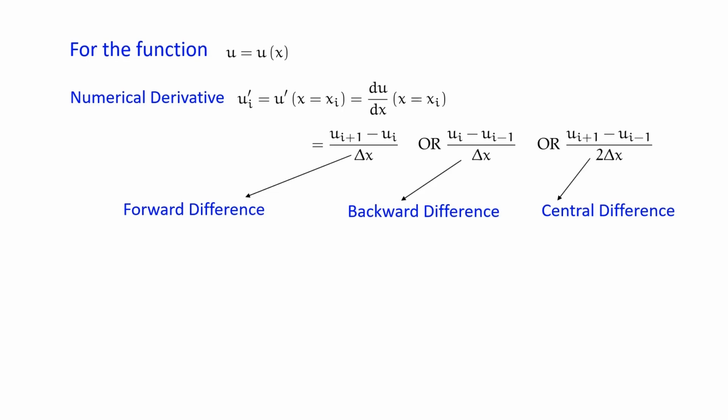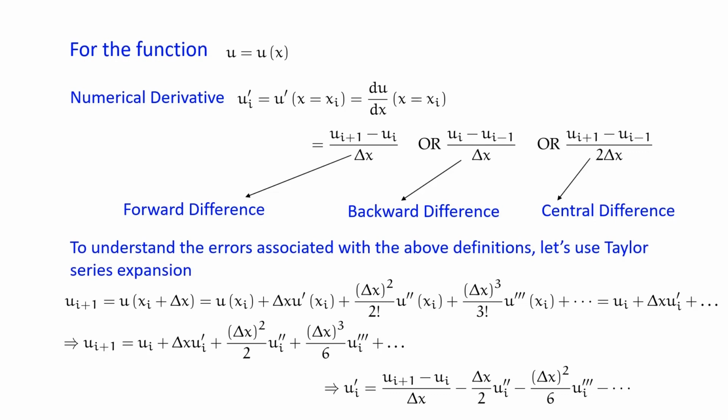We defined three different types of numerical differentiations: forward difference, backward difference, and central difference. To understand the errors associated with them, we express u i plus 1 and u i minus 1 in Taylor series.